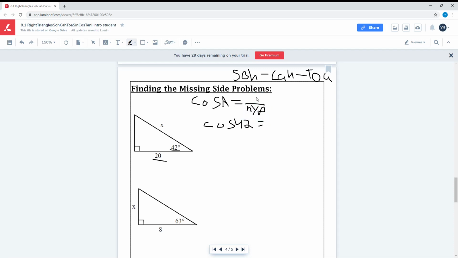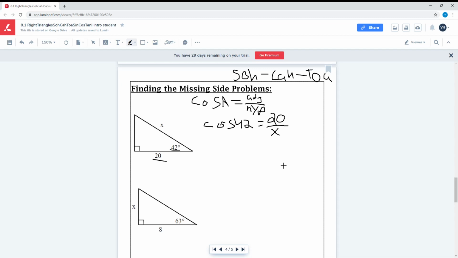It's not opposite, that's sine. It is adjacent right here. SOHCAHTOA. So cos 42, I'm going to get cleaner on these, equals our adjacent length, which is 20, over our hypotenuse, which in this case is x.